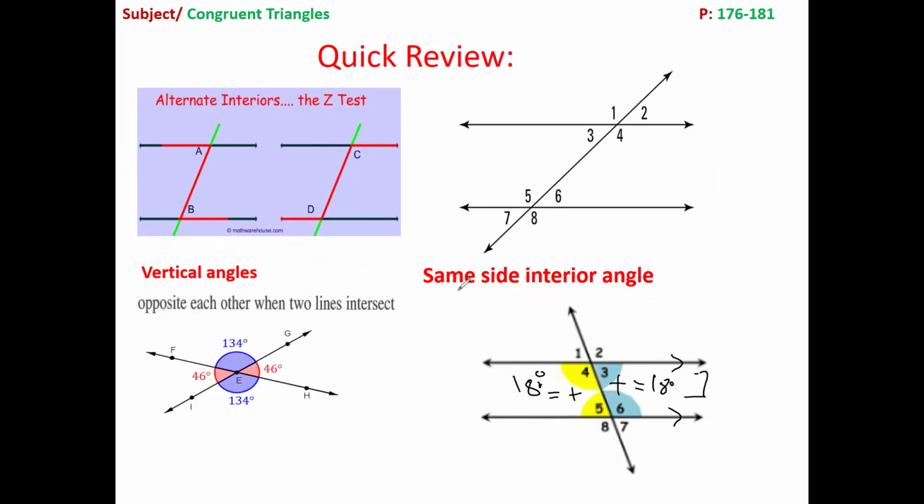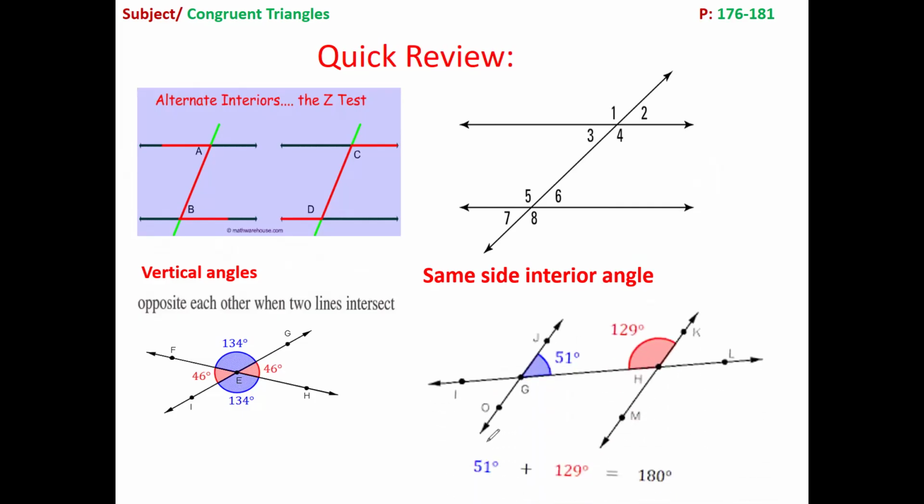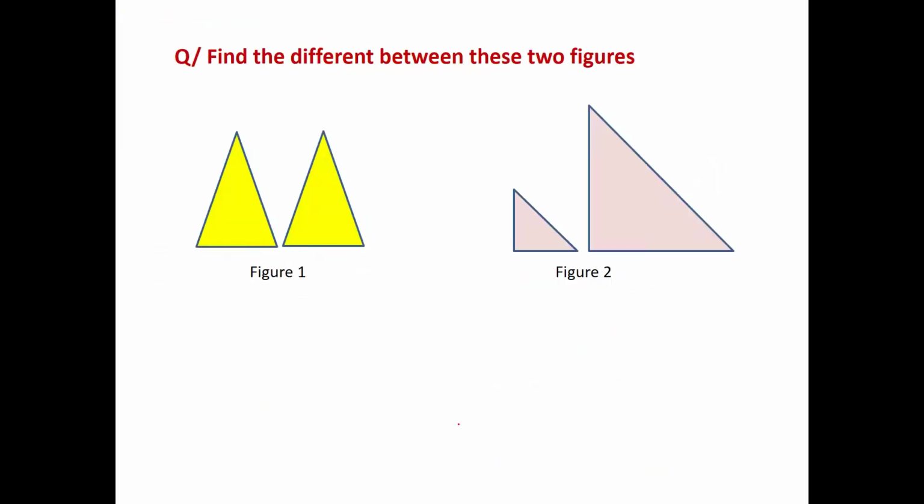Then we can call it same side interior angles. So today we're going to use these rules also to find whether two triangles are congruent. If you take a look at this one, 51 and 129, if I add them they equal 180, which shows that these two are same side interior angles.